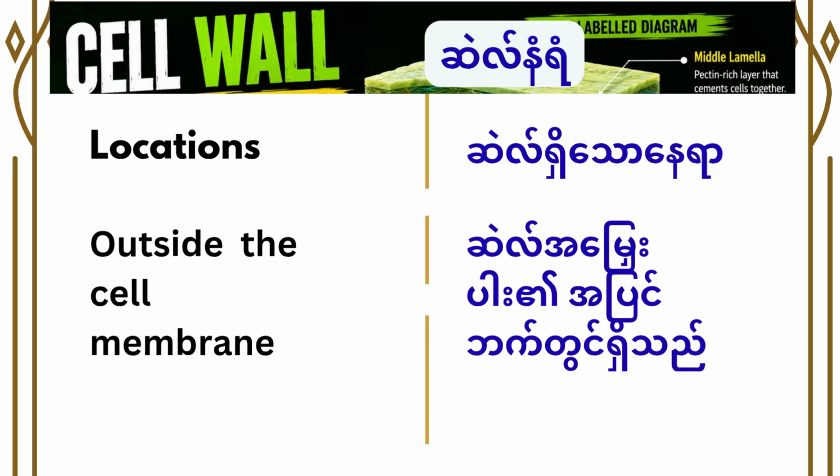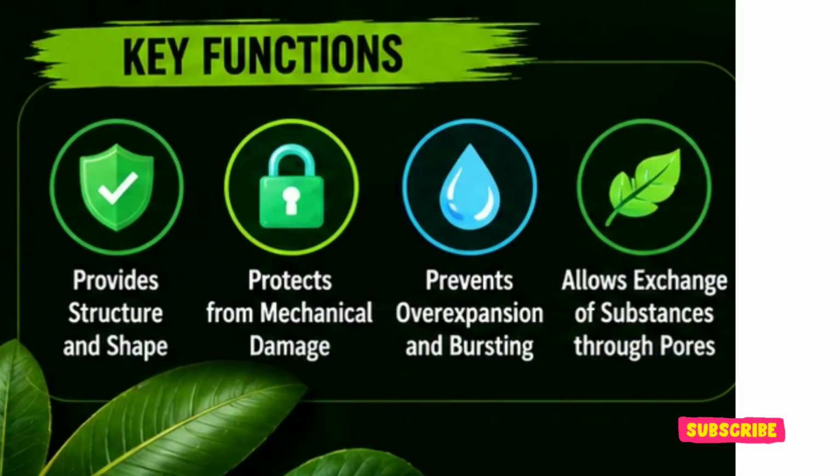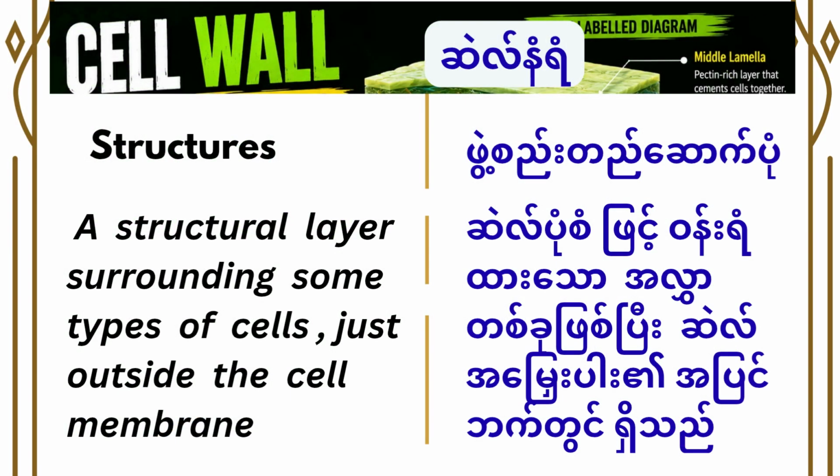Cell wall. Location: outside the cell membrane. Key functions. Structure: a structural layer surrounding some types of cells, just outside the cell membrane.